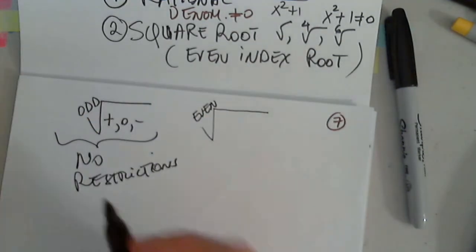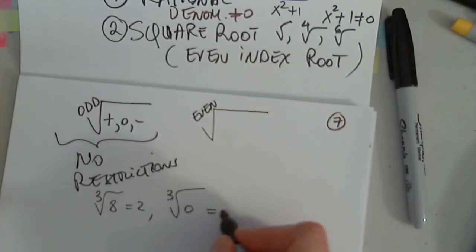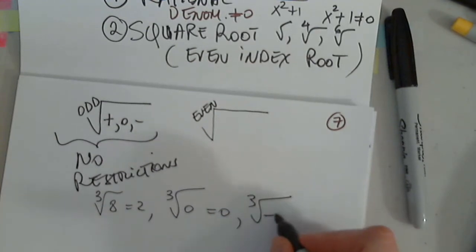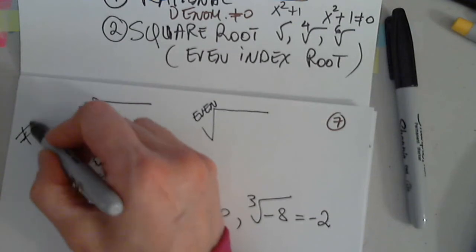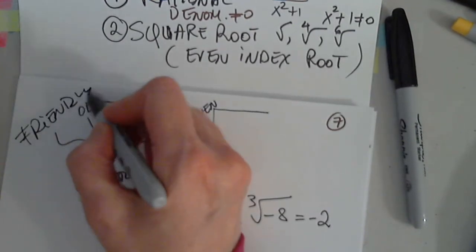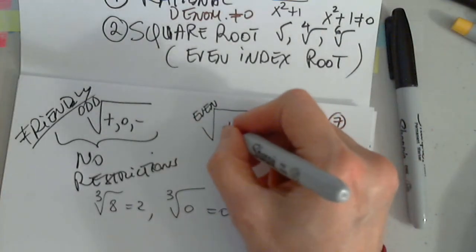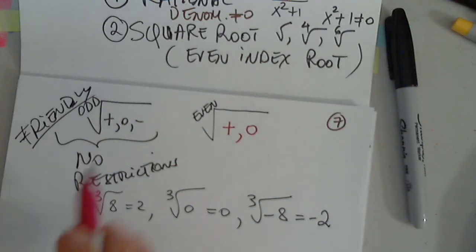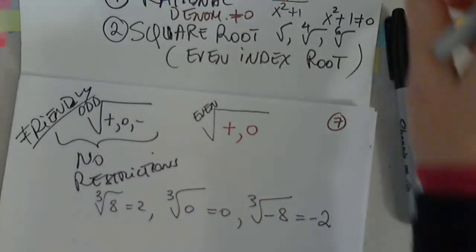I will always have an answer. The cube root of 8 is 2. The cube root of 0 is 0. The cube root of negative 8 is negative 2. This is friendly. I don't have to worry about it, like polynomials, which are defined everywhere. But the even root is restricted. It cannot have a negative under the square root or under any even root.